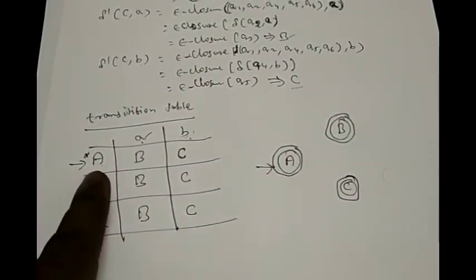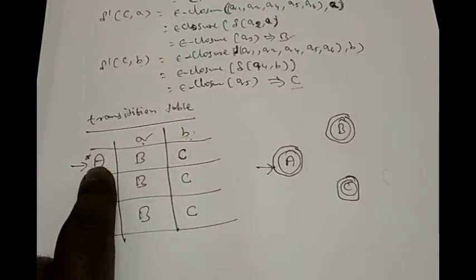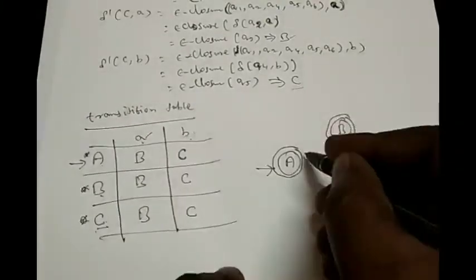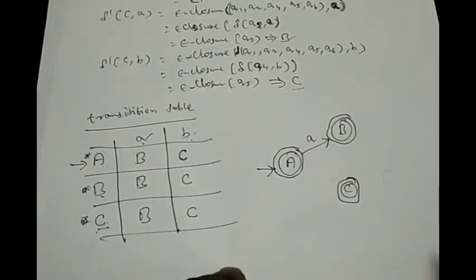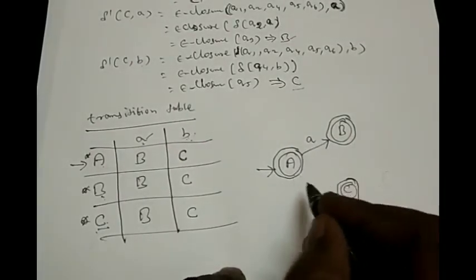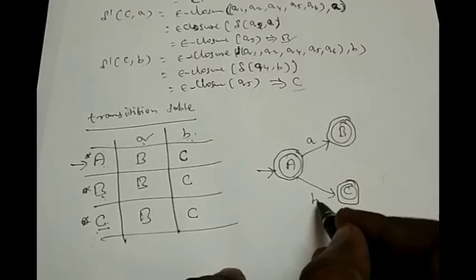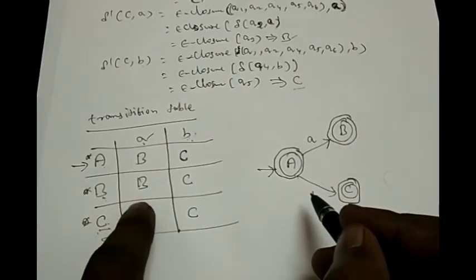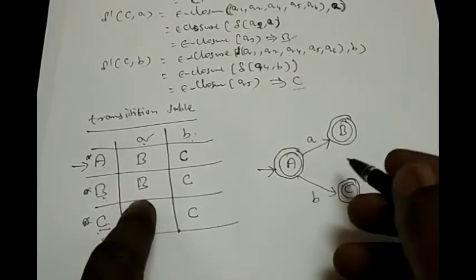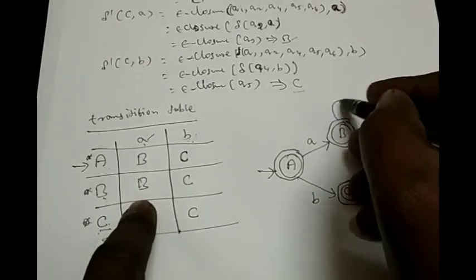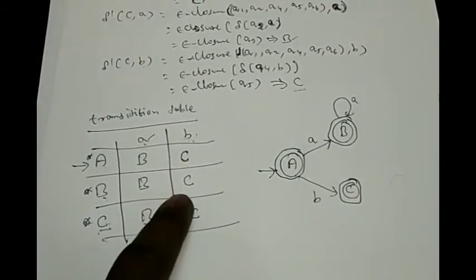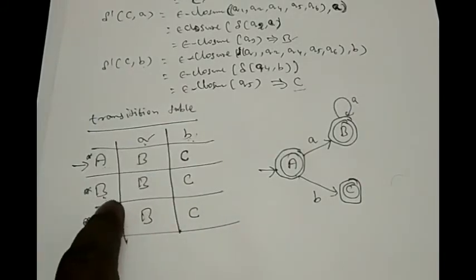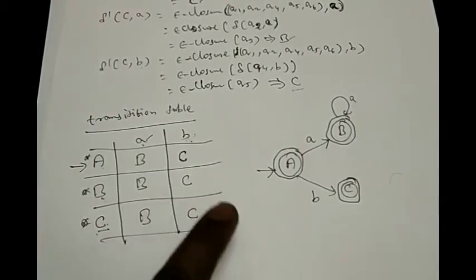Now when a is applied on set A, it goes to B. When b is applied on set A, it goes to C. Okay, when a is applied on B, it comes to B itself. Okay, when b is applied on B, it goes to C.